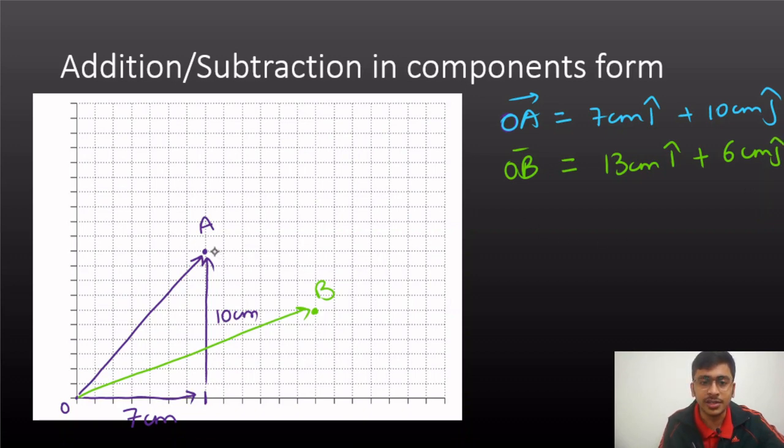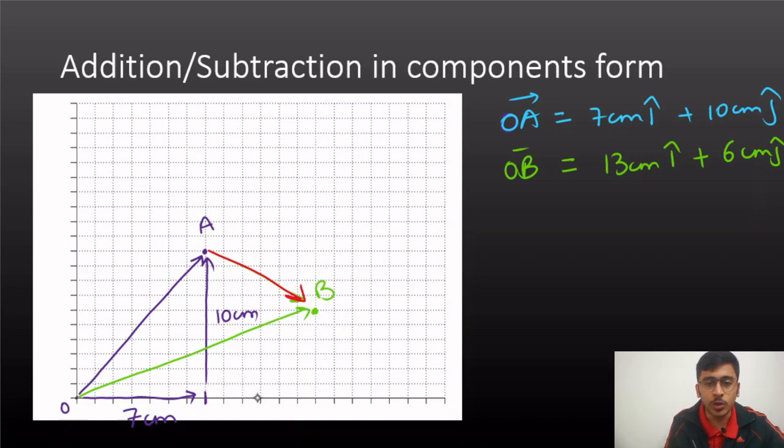So what will this AB vector be? Maybe I'll use another color. Well, this AB vector covers how much distance on the x-axis? It covers 1, 2, 3, 4, 5, and 6. It covers 6 centimeters on the x-axis, and it's covering 1, 2, 3, 4 centimeters on the y-axis, isn't it?